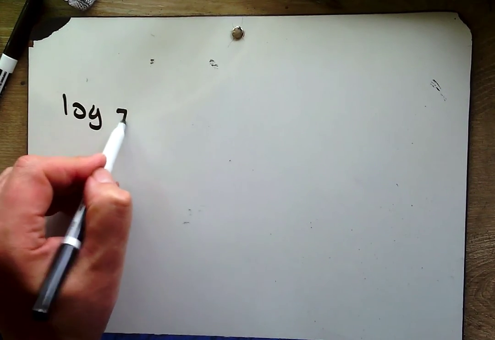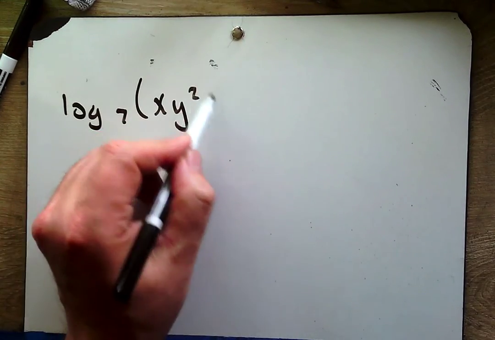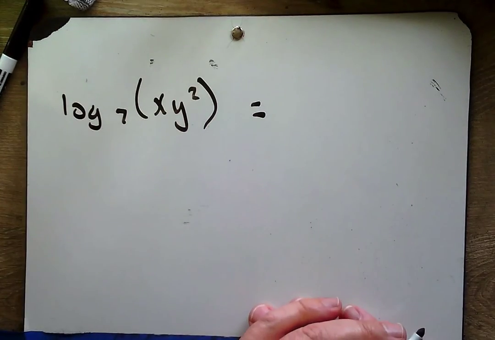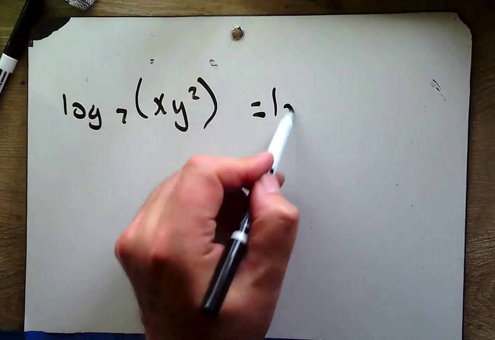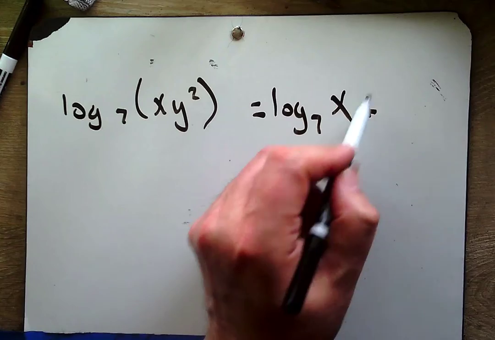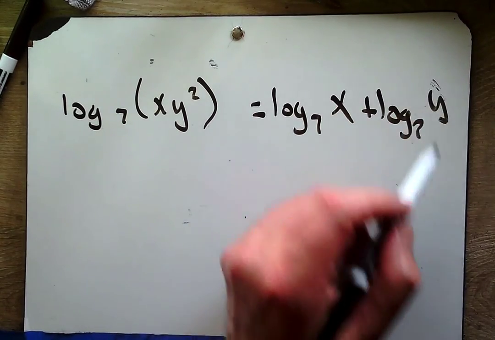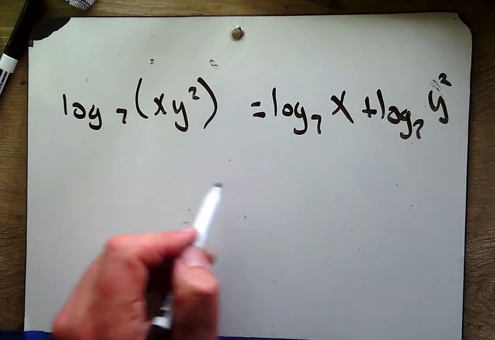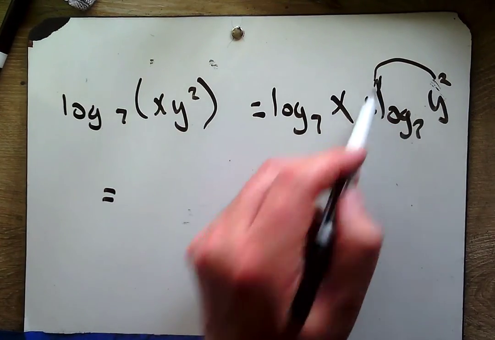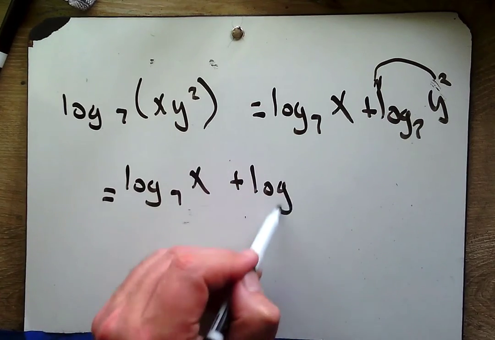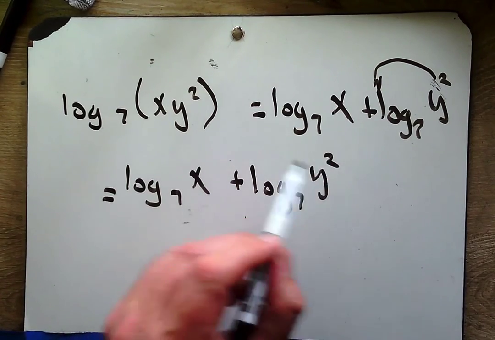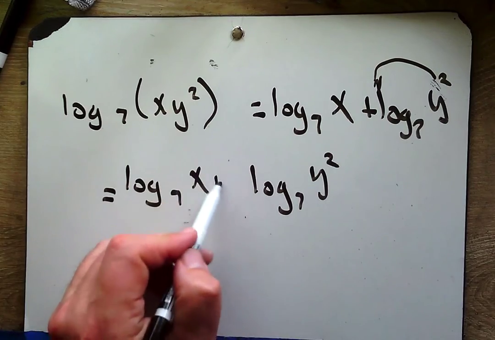Log base 7 of x, y squared. That should be very comfortable. Okay, so did you say that was going to be log base 7 of x plus log base 7 of y squared? It's a good first step, but you need to use that power rule. Oh, but we're bringing down that power.